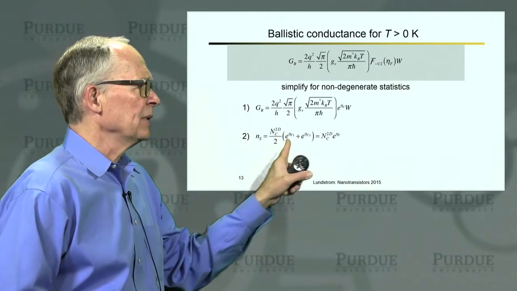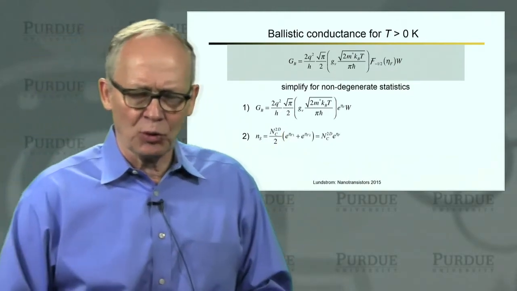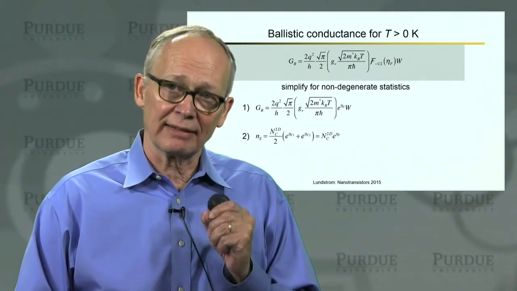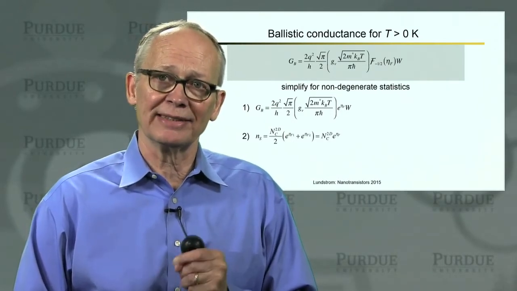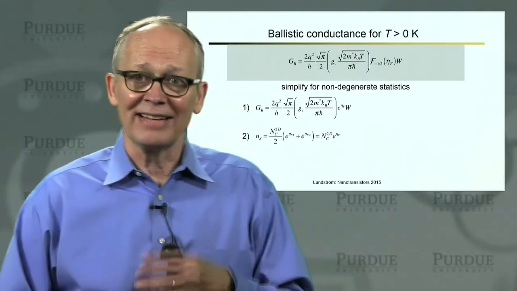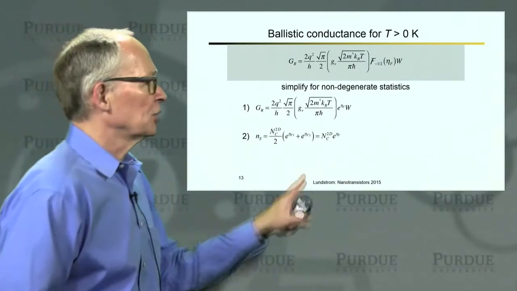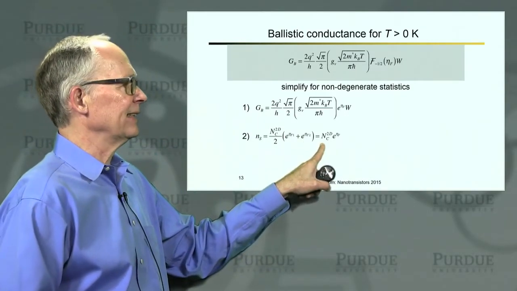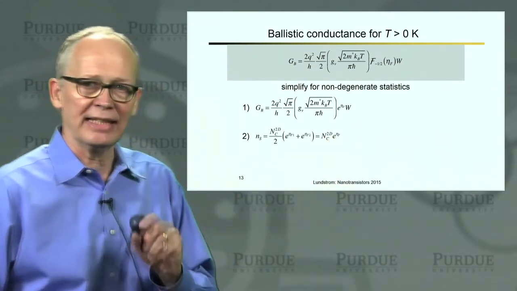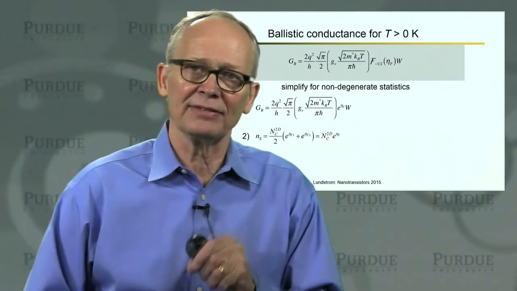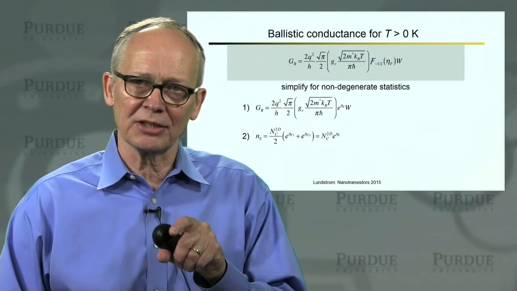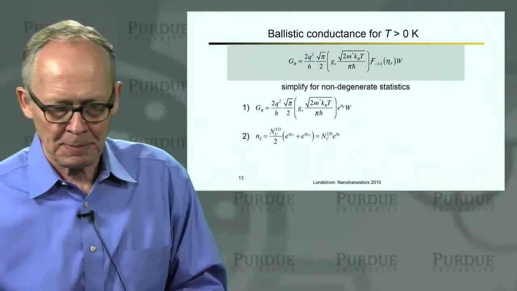Okay. Now, if I look at my expression for the electron density, we also worked out in the last lecture an expression for the electron density. It involved Fermi-Dirac integrals of order 0. They reduce to exponentials. So I can write the electron density as the 2D effective density of states times e to the eta F. And remember, eta F measures the location of the Fermi energy with respect to the bottom of the conduction band in units of kT.